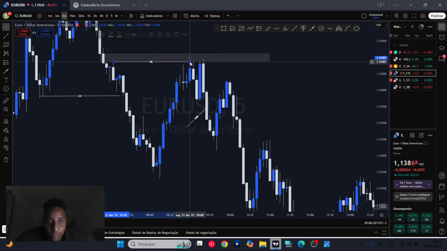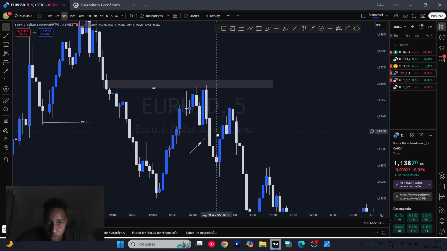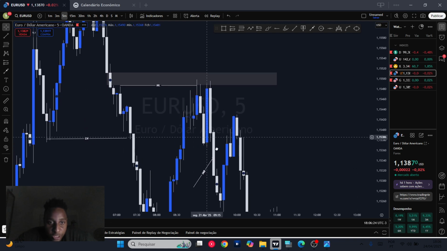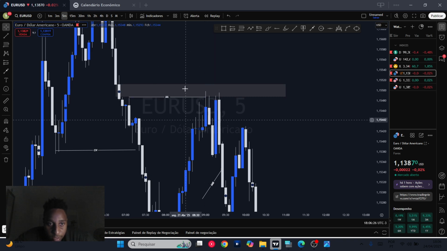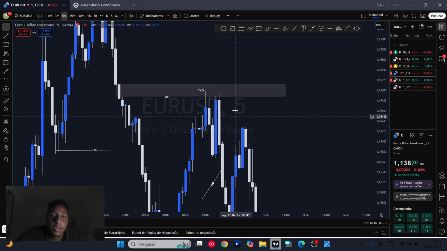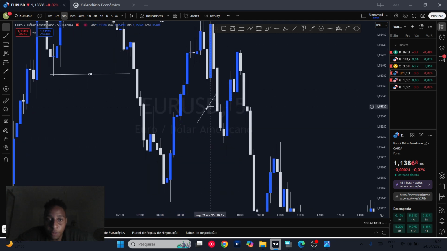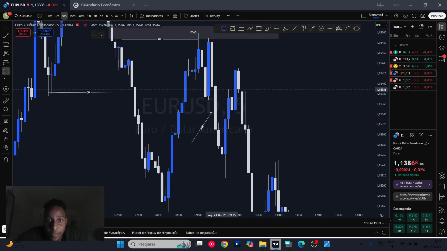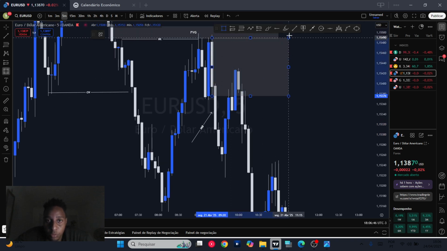Because what price did here was a liquidity sweep of internal range liquidity. Look at this: this is a fair value gap, an inefficiency, and then price made a liquidity sweep here, internal range liquidity sweep, and then price melted, and we found our imbalance right here. And basically our trade will be this one right here.